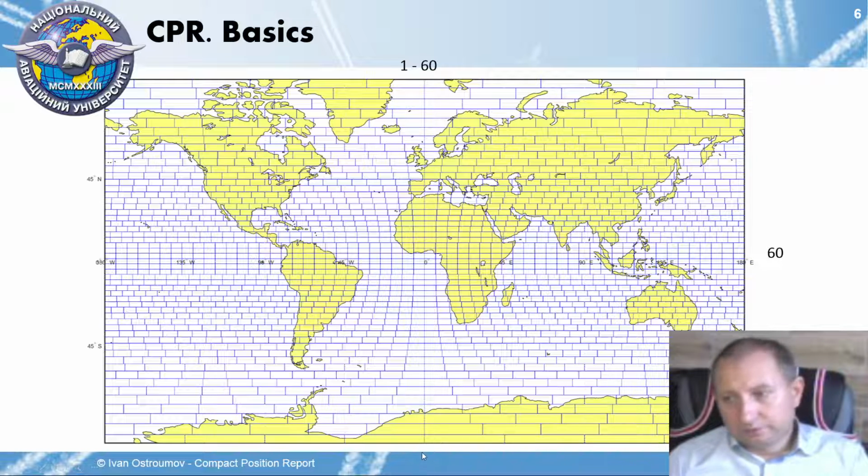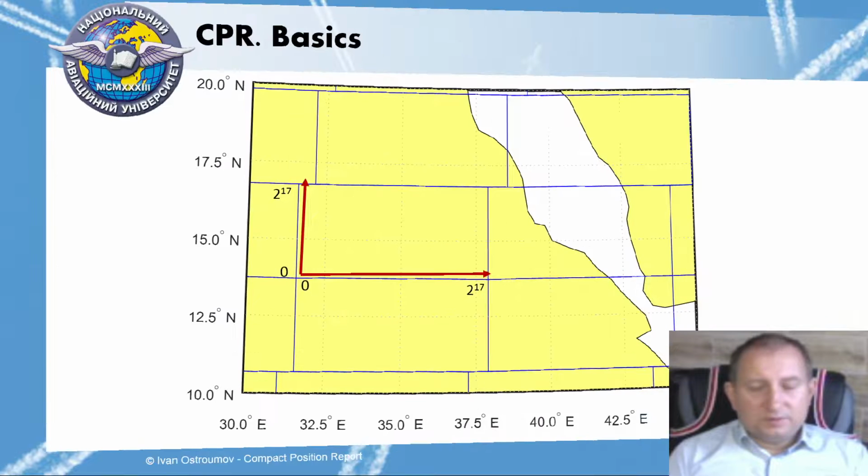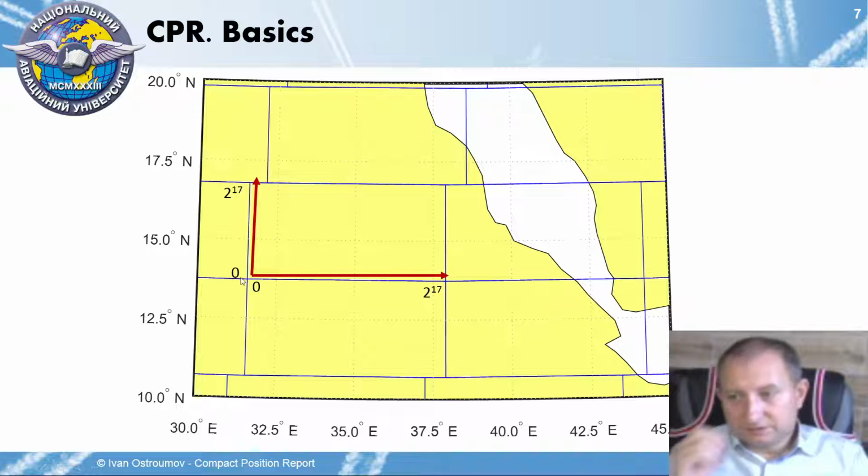However, at the pole we have only one longitude zone because it will be like a small circle. Then we have 2, 3, 4, 5, and then goes to 60. CPR considers using a specific coding of latitude and longitude within each small rectangle of latitude and longitude.